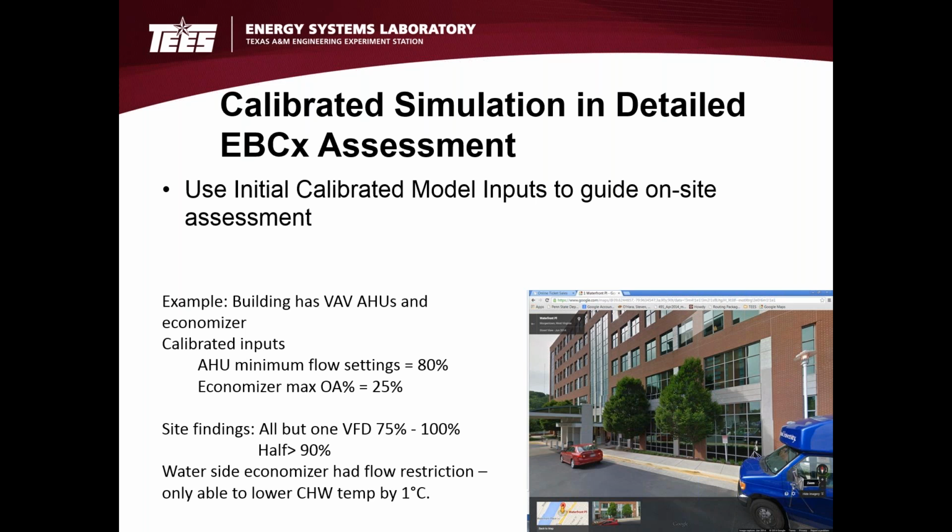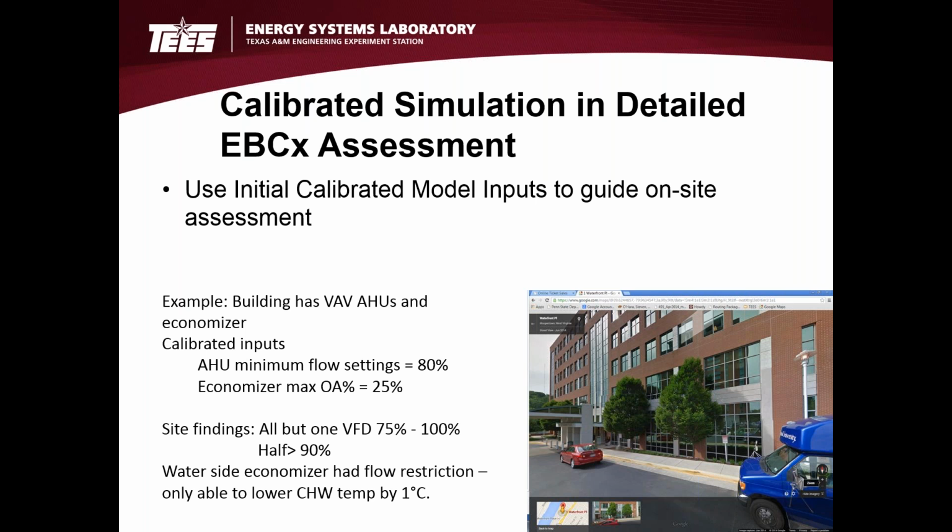The first one being looking at the air handler VFD settings, and what we found was that all but one VFD in the building were between 75 and 100% of maximum speed, and that half of them were above 90%.